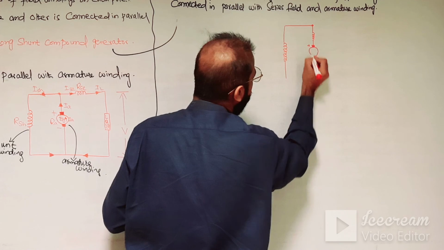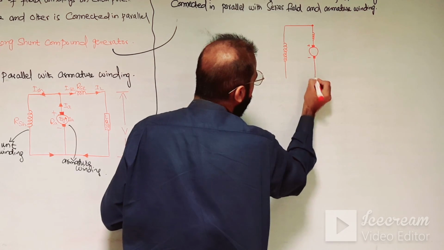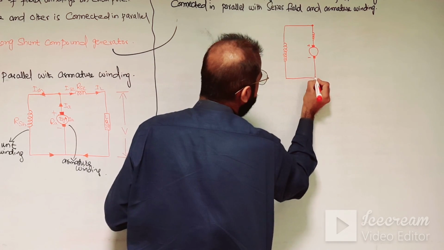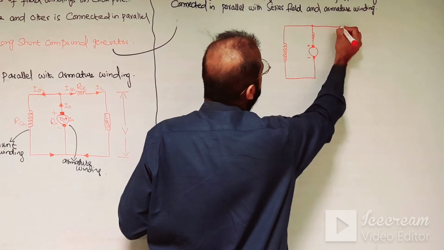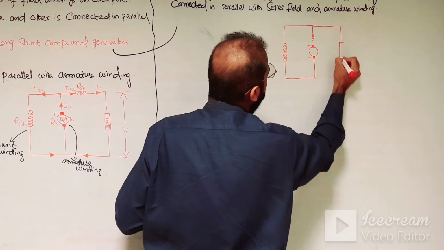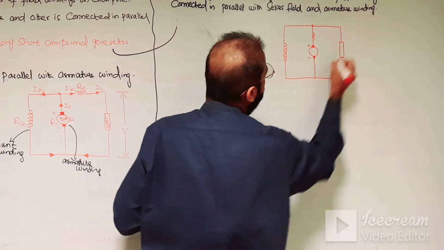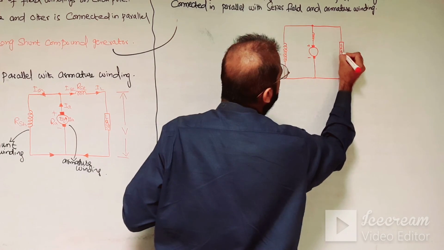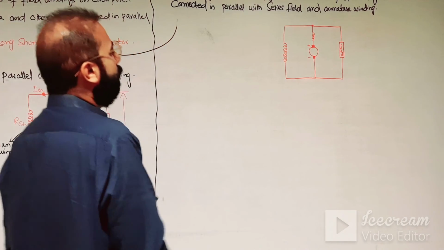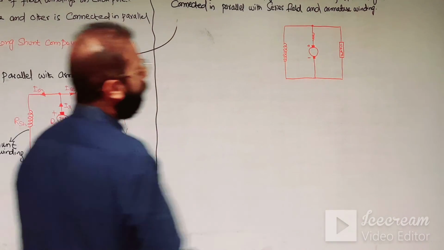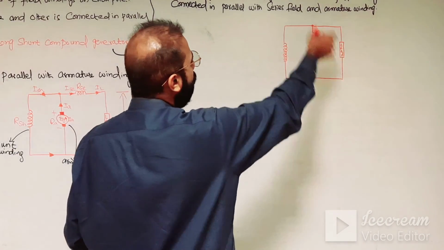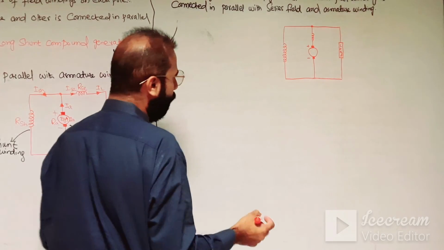So these are the carbon brushes, as you can see, and this is the load which is connected with the armature terminals.